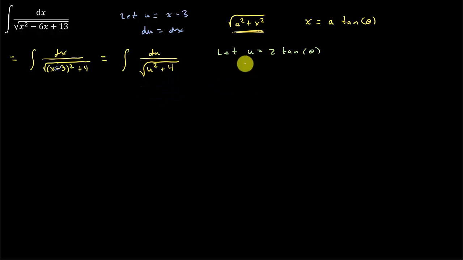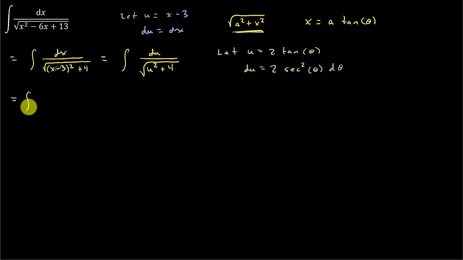So this tells me that du is 2 secant squared theta d theta. Now let's go ahead and make the substitutions.